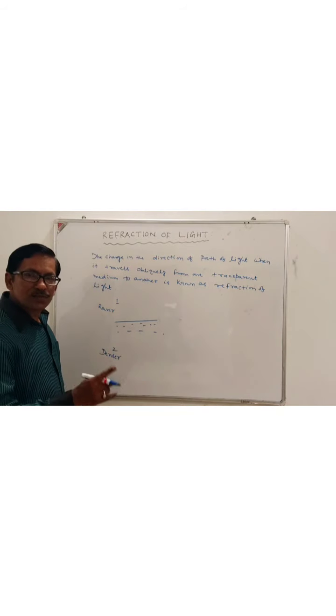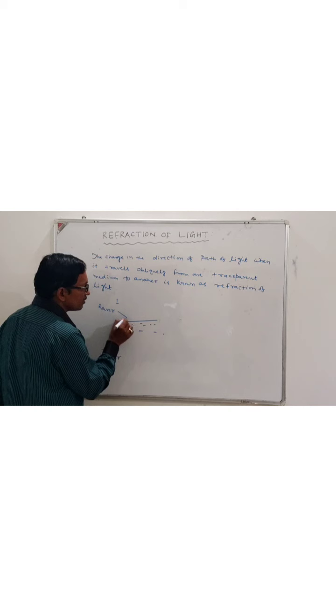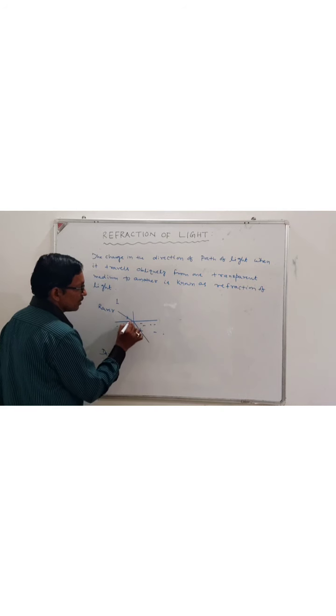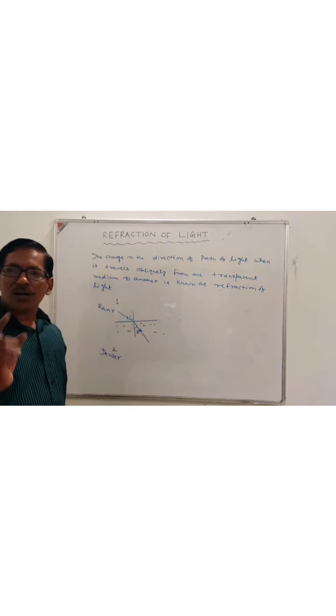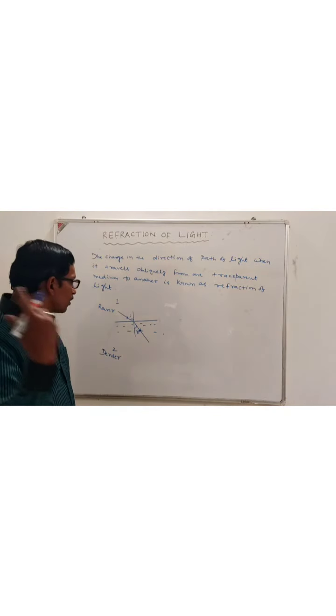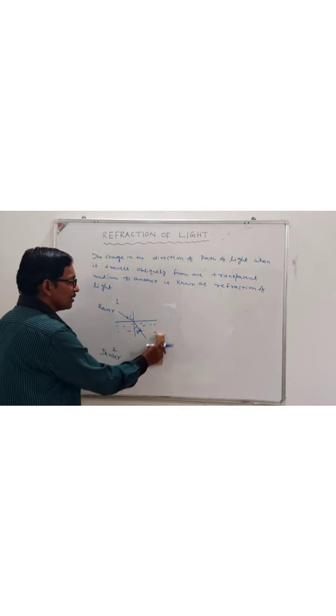When light travels from a rarer medium to a denser medium, it bends towards the normal. This is the normal. This is the angle of incidence, this is the angle of refraction.